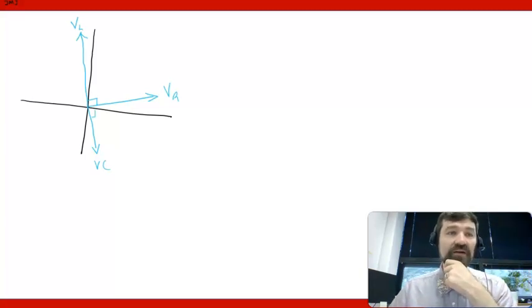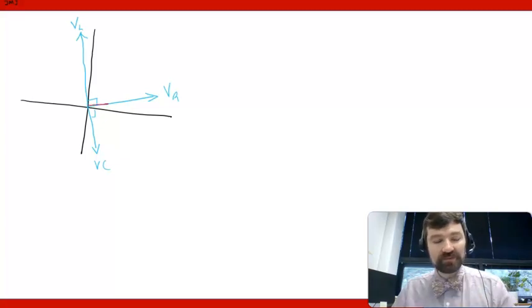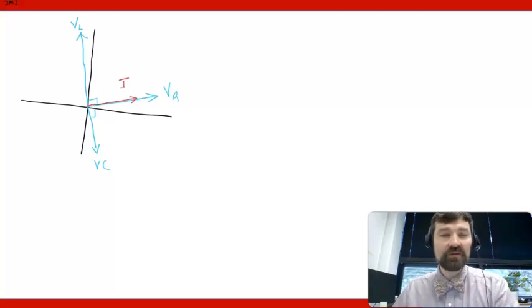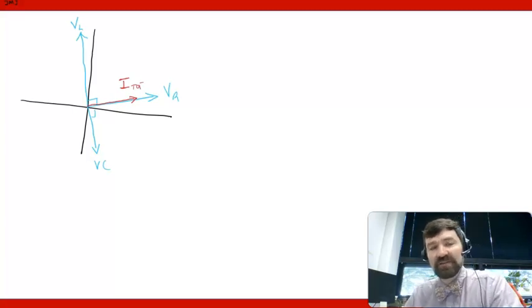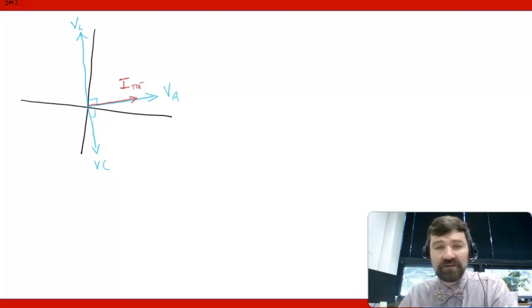If I wanted to draw in the current, I know that the current happens to be basically in the same direction on the phase diagram as the resistor will be. So in some sense this is like my I total. And if I project everything onto, let's say, this x-axis, that gives me the instantaneous values.